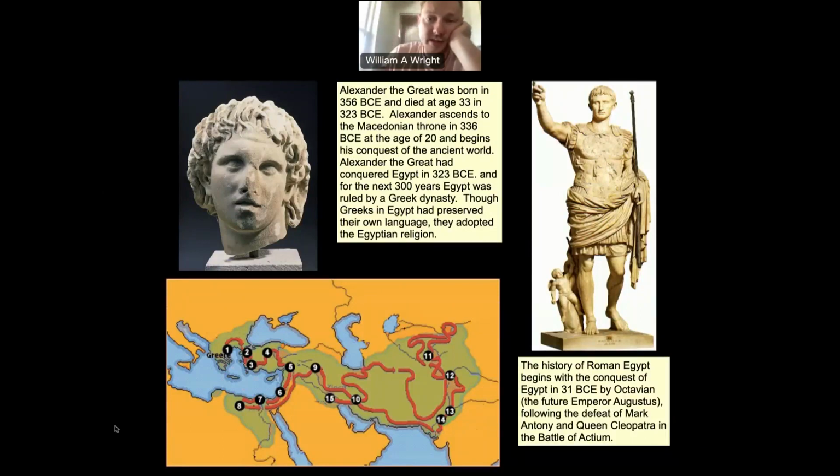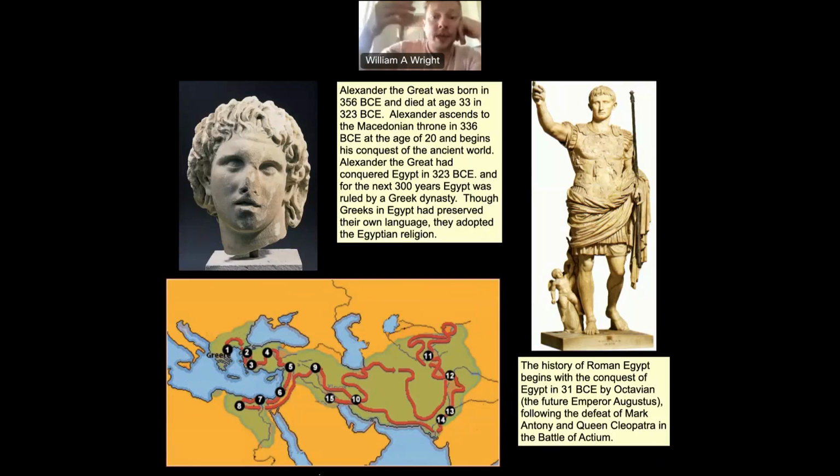He ascends to the Macedonian throne in 336 at the age of 20, and begins conquering the world eastward, right? That's Alexander the Great's legacy, that he moves from Greece through Asia Minor, folds in Egypt, and moves across Mesopotamia, Persia, into parts of India and the Eurasian steppe.